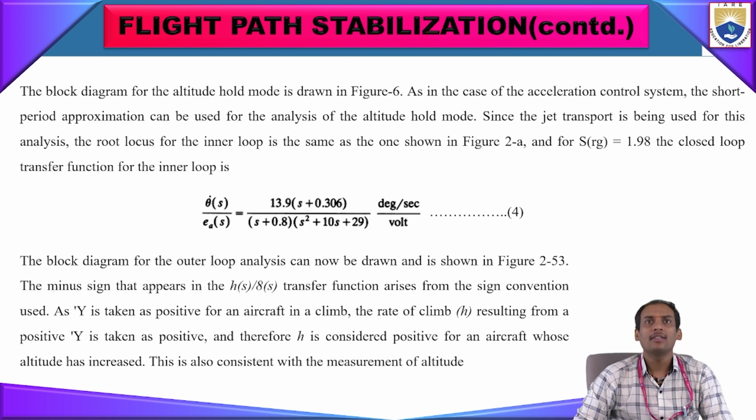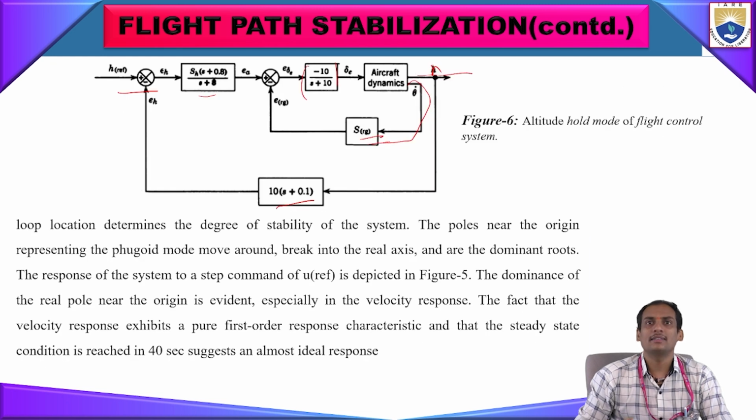So this block diagram gives you the altitude hold mode that was shown previously. As in the case of the acceleration control system, the short period approximation can be used for analysis of the altitude hold mode. The jet transport is used for this analysis. The root locus of the inner loop is the same as shown previously in 2A, 2B for Mach hold. There also the outer loop is the same.